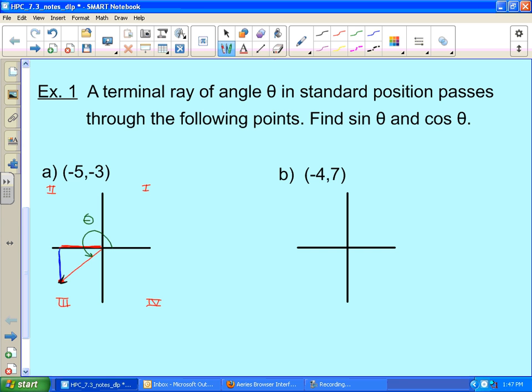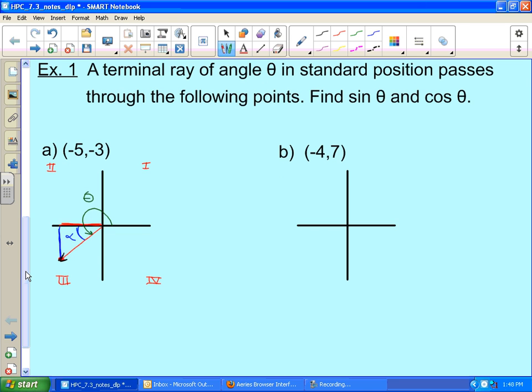Now, that angle that turns creates this triangle. And then this triangle has an angle right here at the x-axis. We're just going to give it an alpha symbol. And again, this is a thing we're going to talk about in the future. It's known as a reference angle.